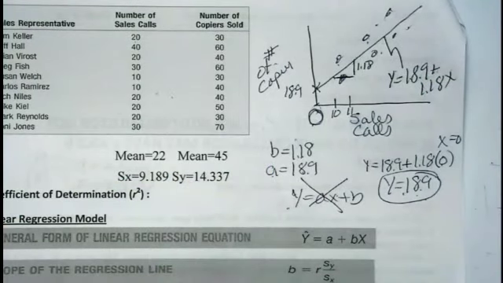Run over rise, the slope. You know, when you did it in high school, you just found y-intercept and slope. Now in the business world, they have meaning. It means for every 1 more sales call I instruct my salesmen to make, I should expect to sell over 1 more copier.